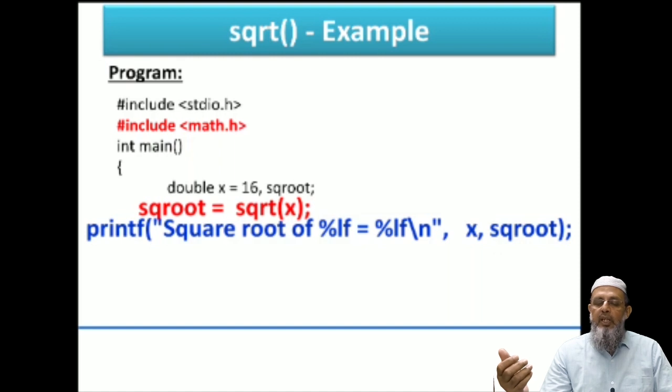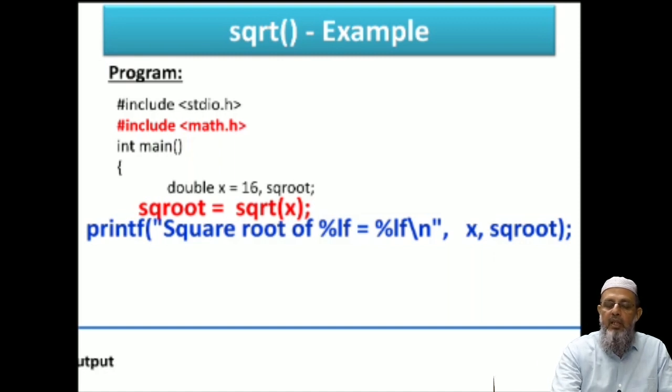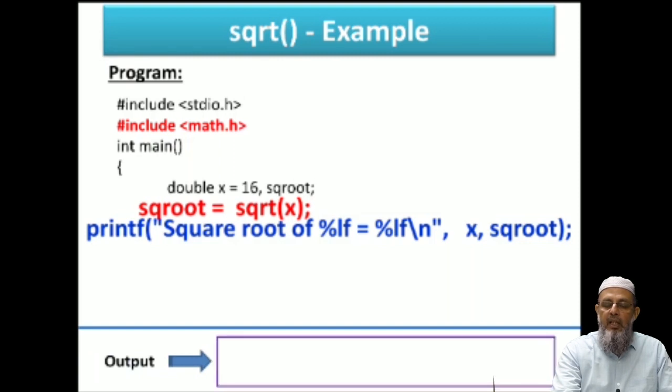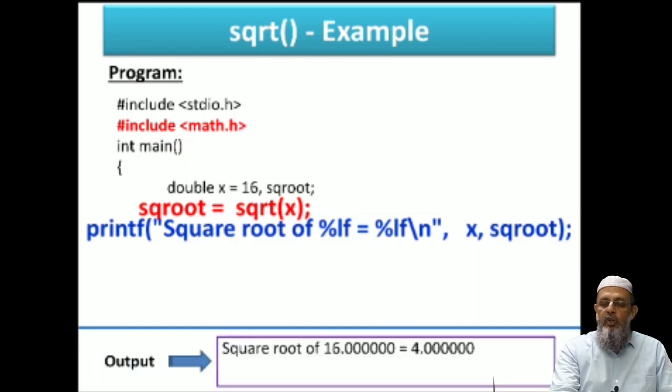First x will replace the first %lf, and sqroot will replace the second %lf, that is after the equal sign. Now the output will be like this: square root of 16.000000 is equal to 4.000000.